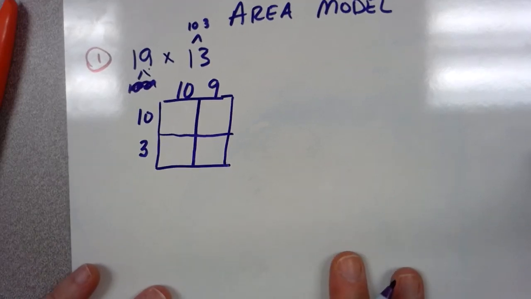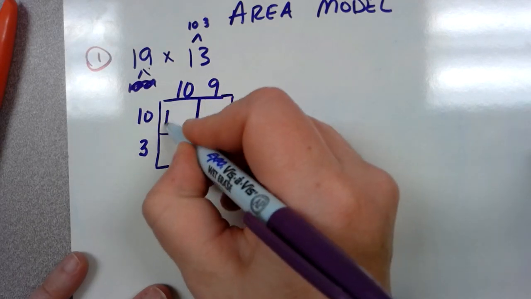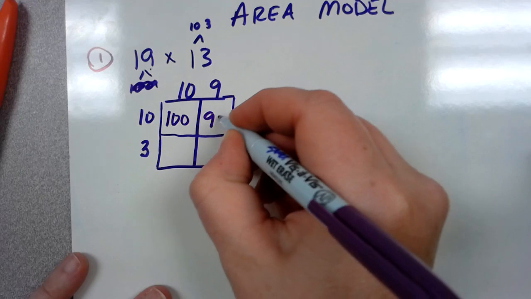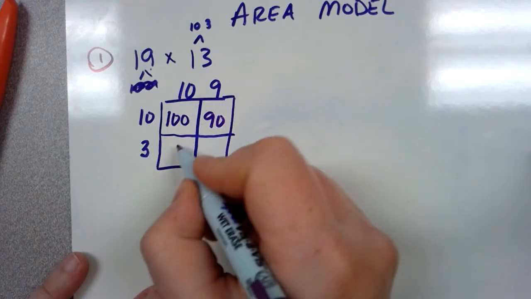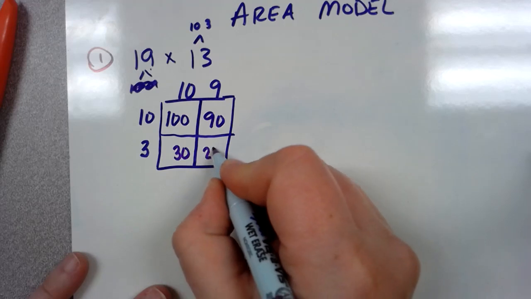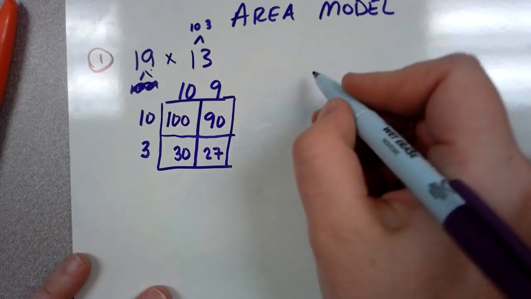Now we multiply to find our partial products. 10 times 10 is an easy, simple fact. It's 100. 10 times 9 is 90. 3 times 10 is 30. And 3 times 9 is 27. So I have my partial products. Now we add them together.